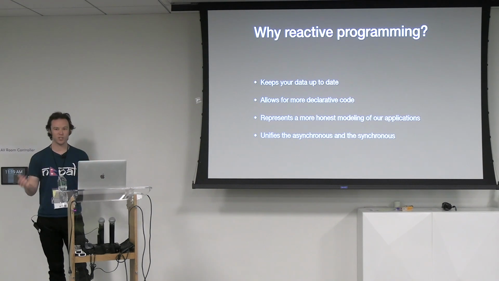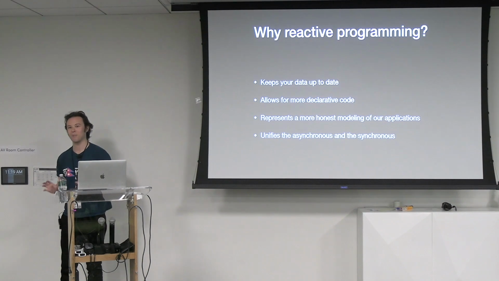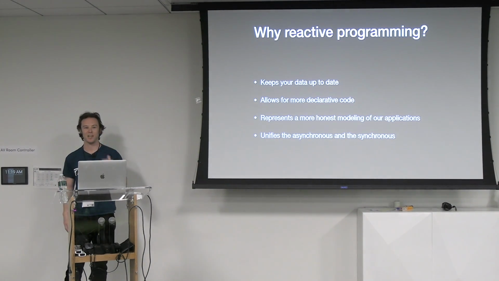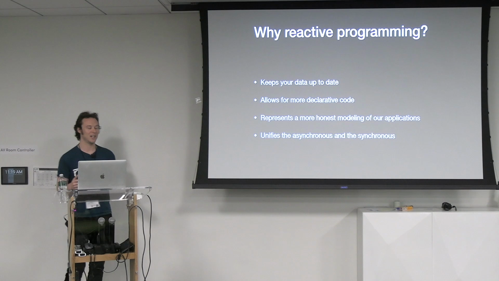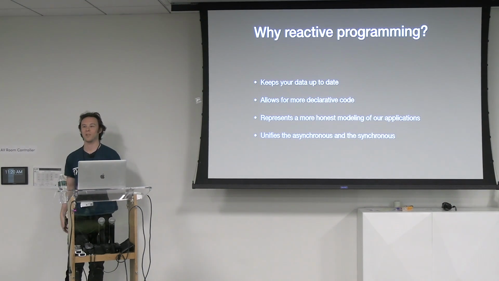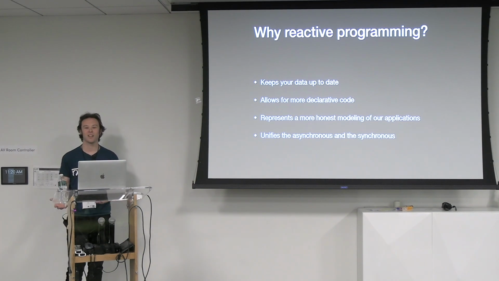All of these asynchronous streams, or maybe a lifecycle event within your Android application, all of this asynchronous stuff is stuff that we try to smush into an imperative step-by-step world, and we just don't live in that world. So when you embrace reactive programming and you embrace the idea that most of the data we're interacting with is streams of data, then it represents a more honest modeling of the application.